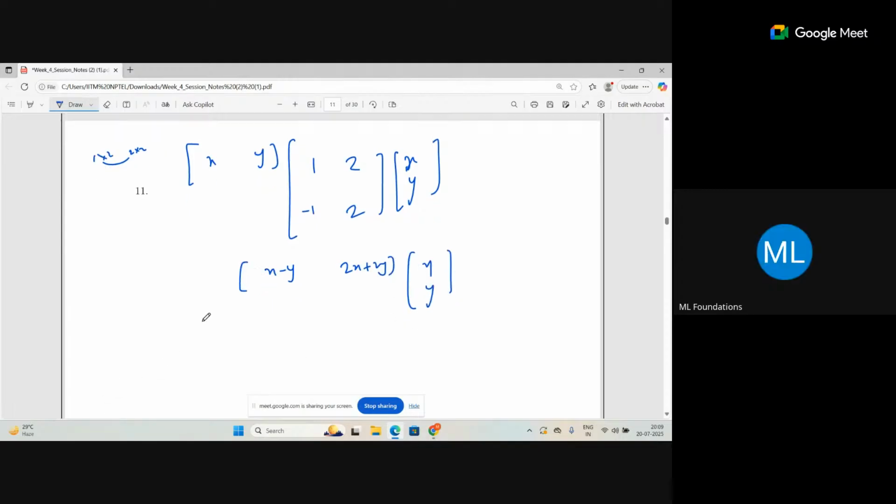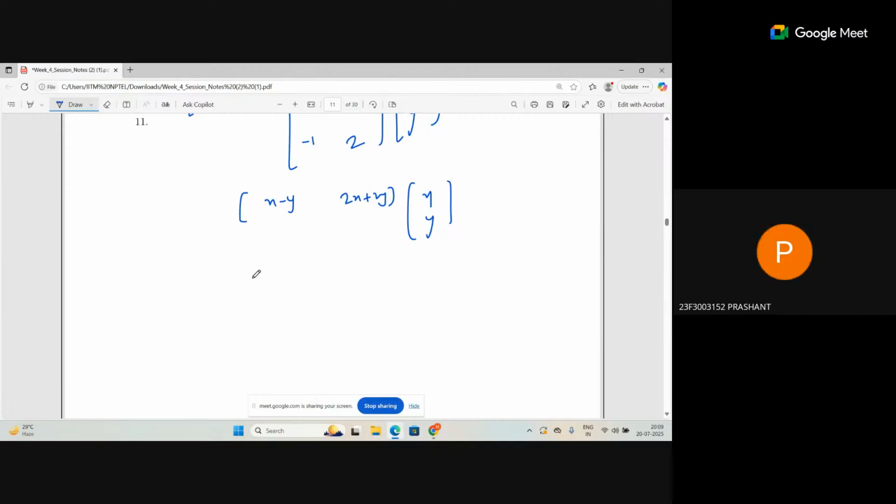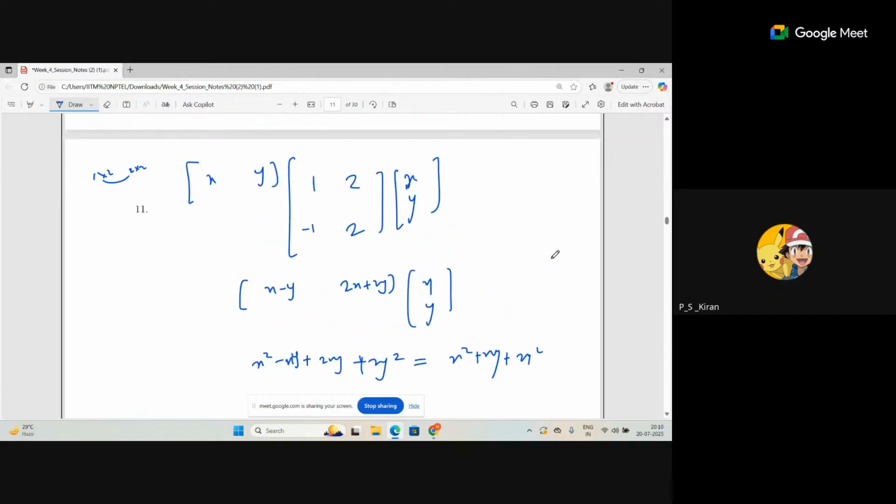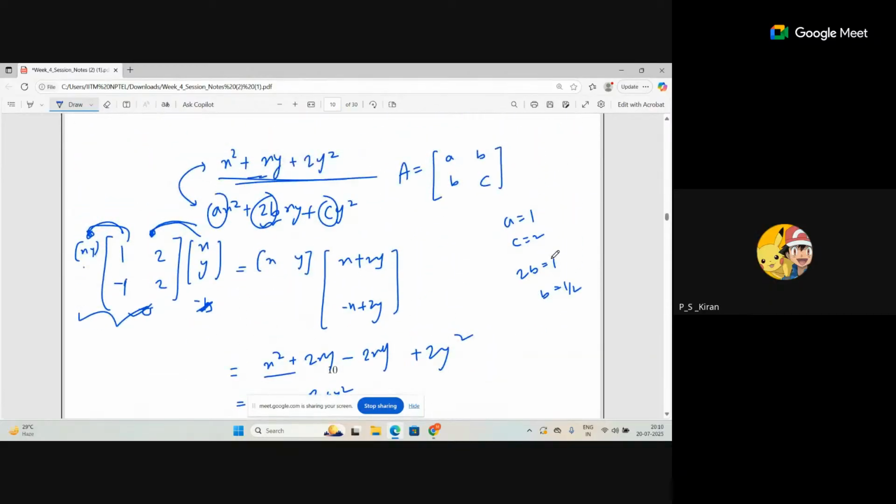And that will be x square minus xy plus 2xy plus 2y square. So x square plus xy plus 2y square. What's the equation? Yes, this was the equation we got.